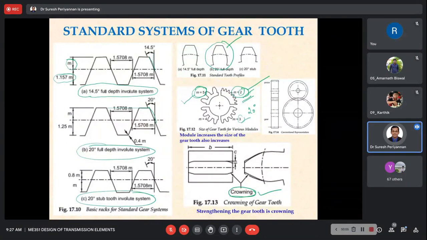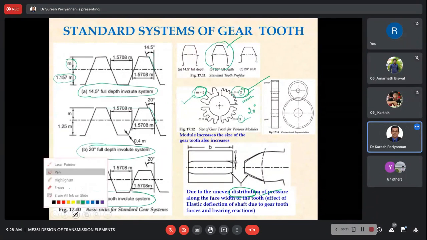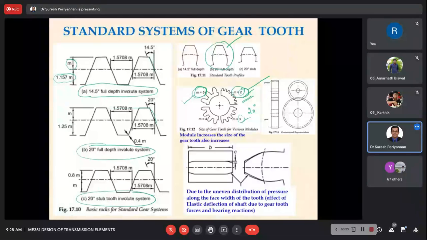Now, during operation there is an uneven distribution of pressure along the face width of each gear tooth.